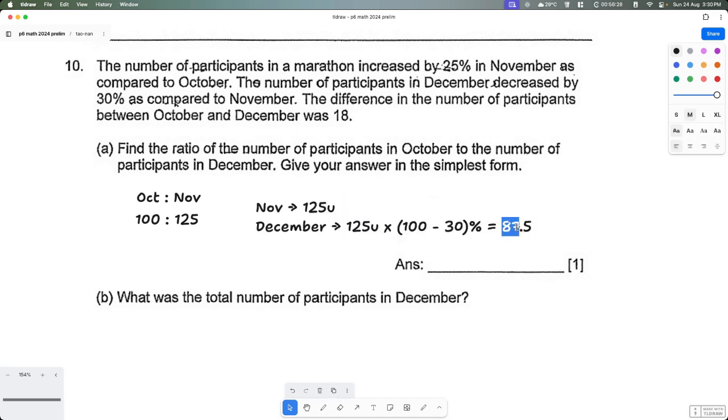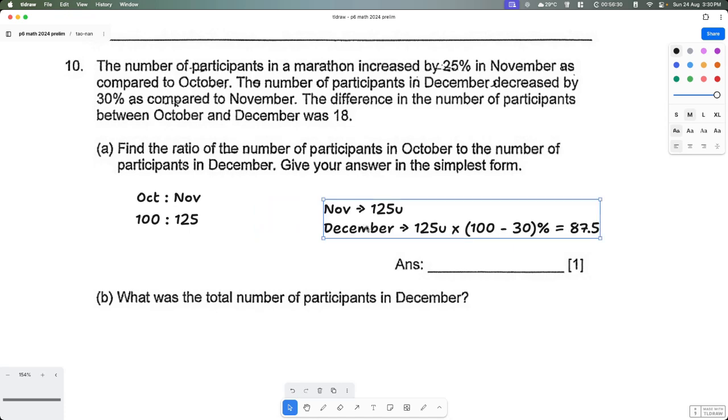Okay, so from October to December compared to November, yeah, correct. So in this case, this will then be December, so we can write down here 87.5.